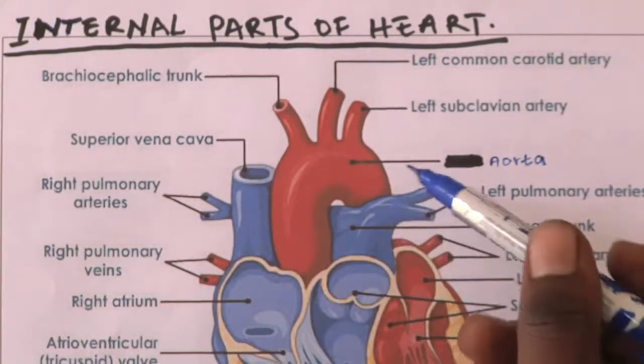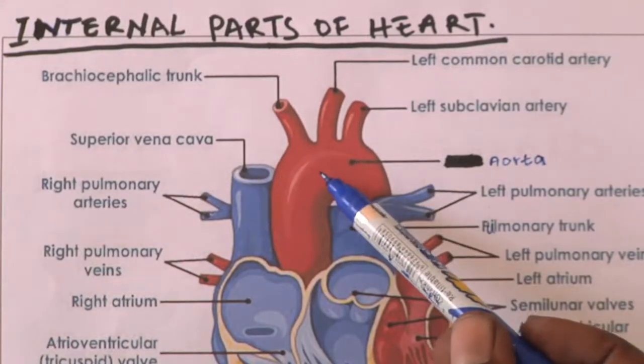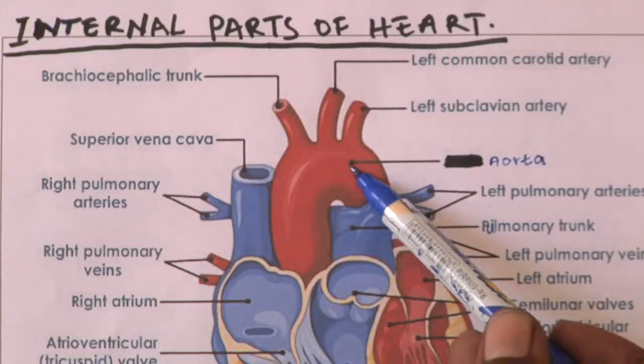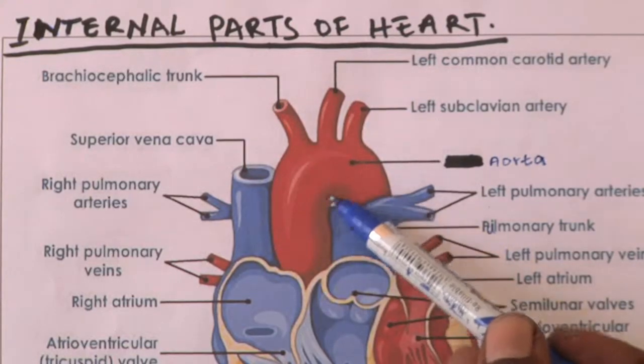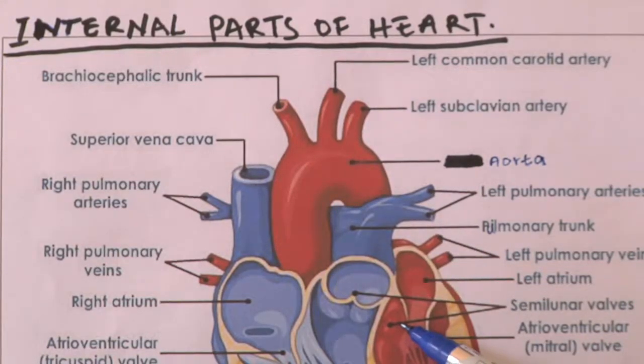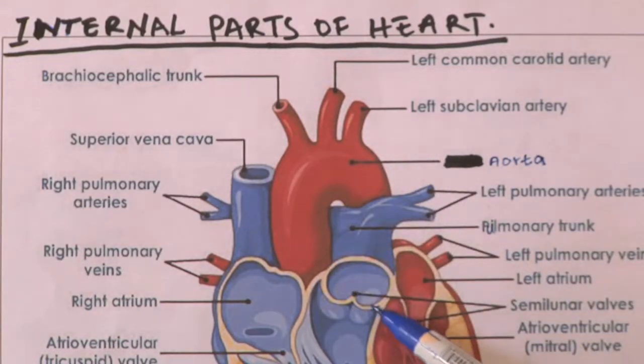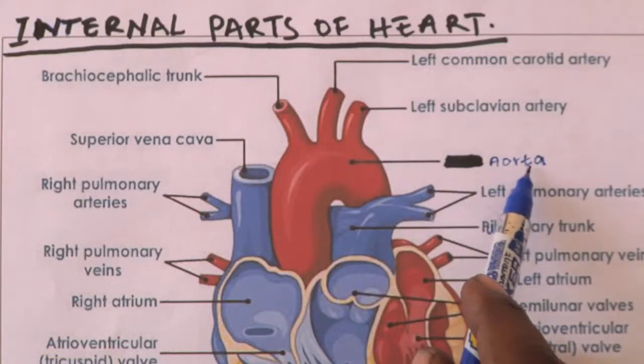Now, when you look at this heart from this particular point of view, you can see the bigger blood vessel coming from the heart, indicated with red ink. That is what we call the aorta.